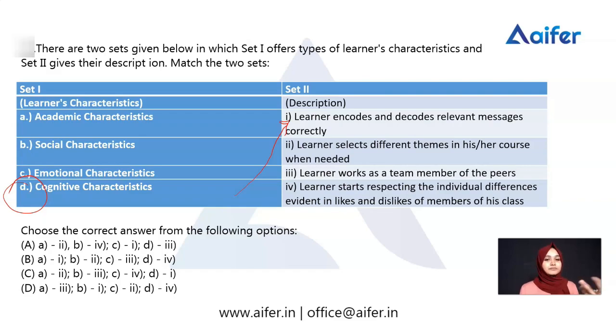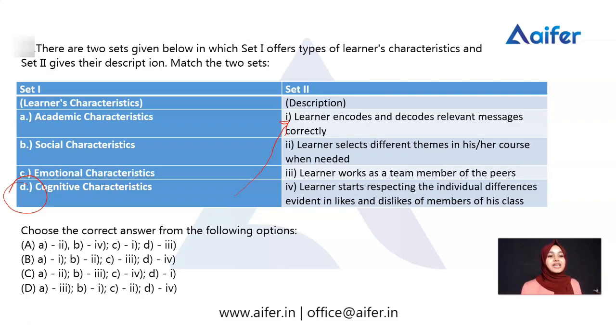Now, going to the second description. Learner selects different themes in his or her course when needed. A student selects different themes, different forms, in the course that he or she is studying when needed. Which domain deals with the knowledge or level of education or the learning style or approach of the individual student?